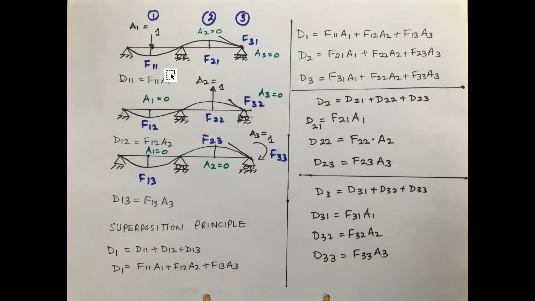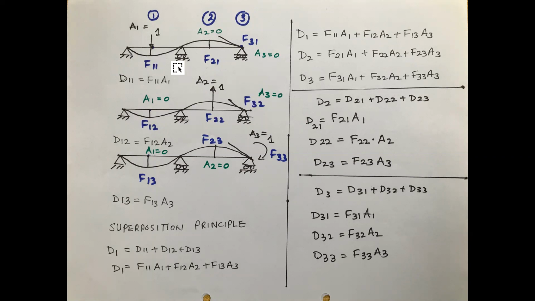But to simplify, I have brought the concept of flexibility coefficients here, so that the equations are written uniformly, which will be very useful for writing in matrix form, and also for writing a computer program. So it is much easier, it is just a matter of notation and understanding how flexibility coefficients are generated.